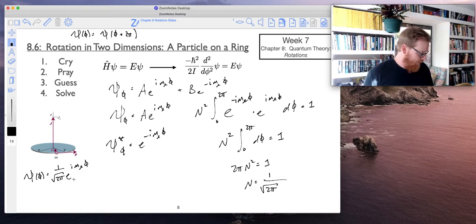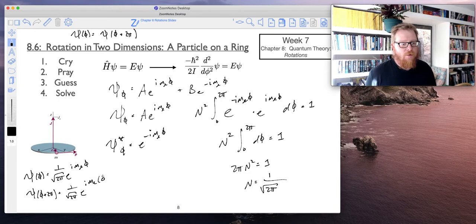So I've got this psi of phi, but now if I write psi of phi plus 2 pi, that's going to be 1 over root 2 pi e to the i ml times phi plus 2 pi. And what do we get out of this? Well, we can do some algebra on this.